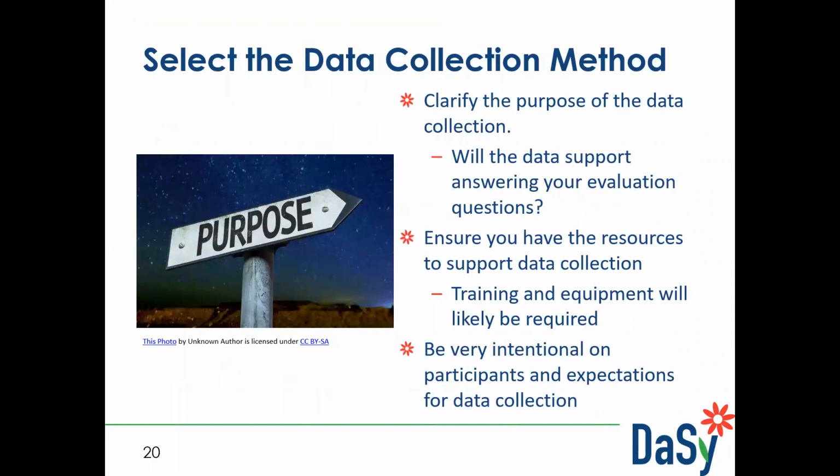Once you have an aligned data collection method with a data collection question that includes qualitative opportunities, you really want to clarify the purpose. What will this data be supporting in answering your evaluation questions?